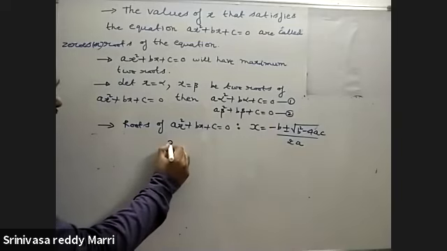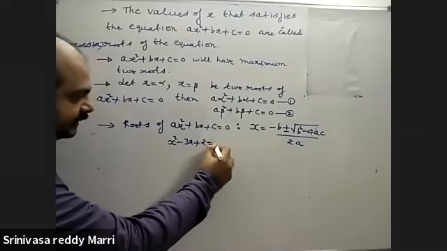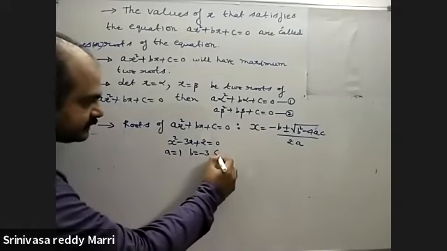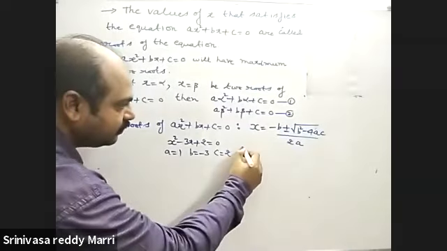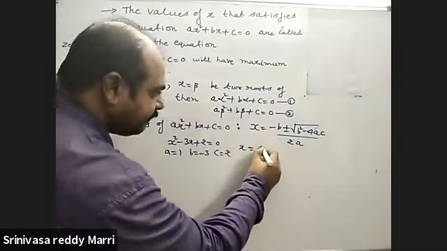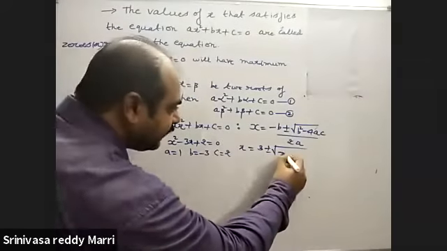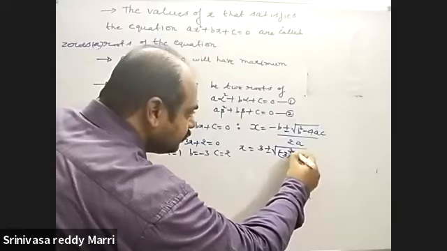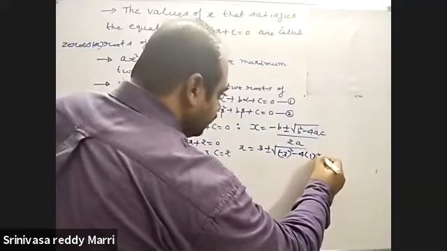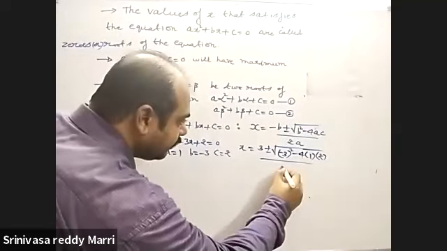Suppose we find the zeros of this one: a equal to 1, b equal to minus 3, c equal to 2. Previously 1 and 2 satisfied. Now you will get x equals 3, minus b means 3, plus or minus root of minus 3 whole square minus 4 into 1 into 2, divided by 2 into 1.